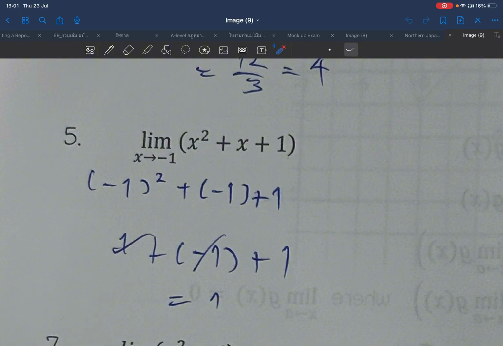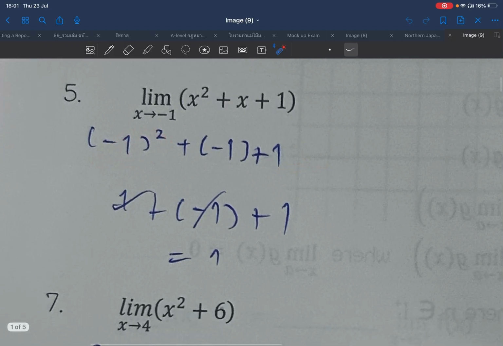So we will get minus 1 power of 2 plus minus 1 and plus 1. So since minus 1 power of 2 in the bracket is 1, we get 1 minus 1 plus 1, which equals 1.